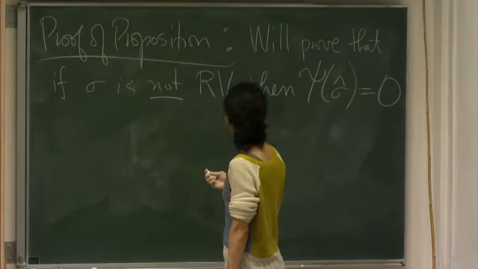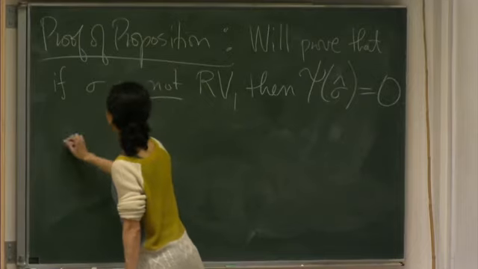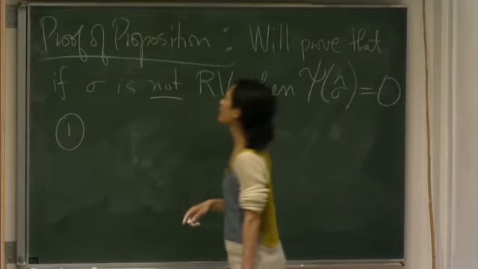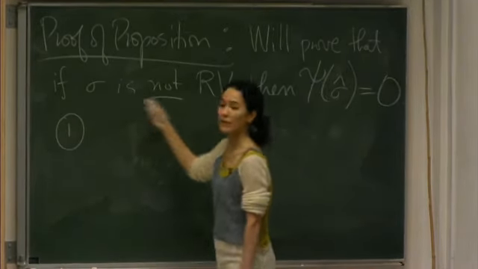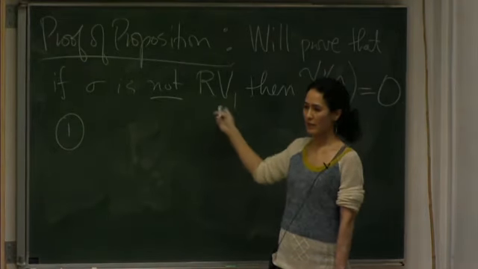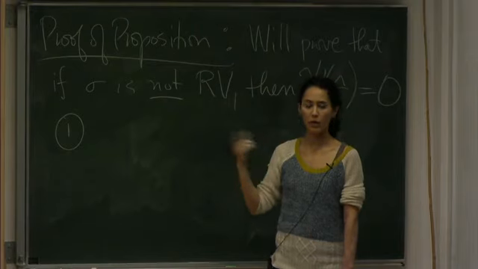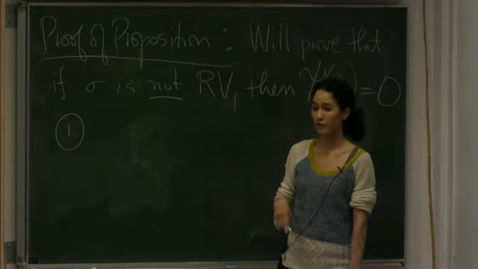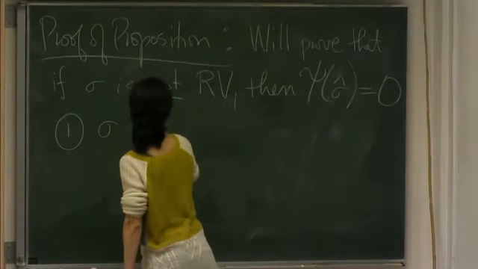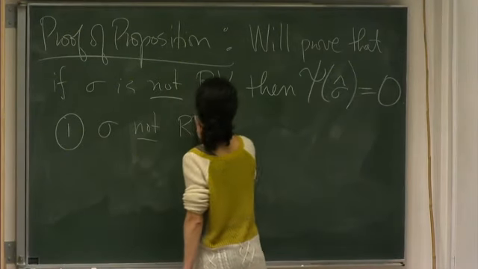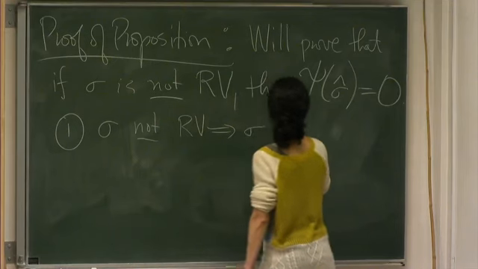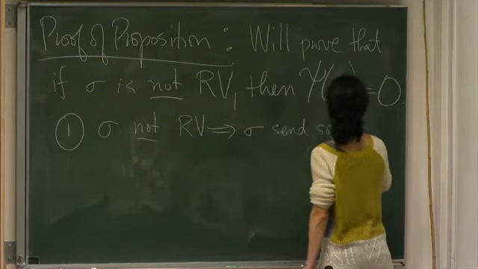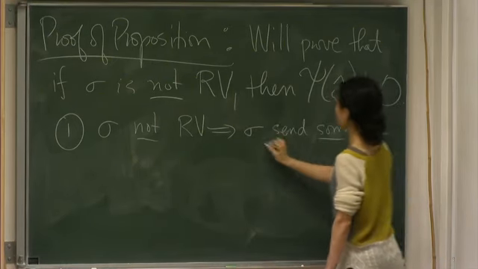And the way that you do it is as follows. The first step is to realize that if sigma is not right varying, then it sends some arc, we don't know which one, to the left.